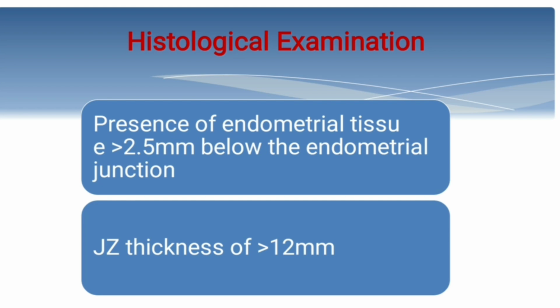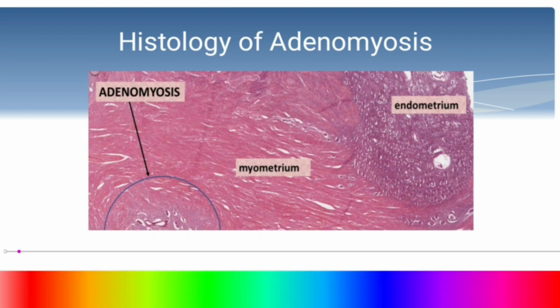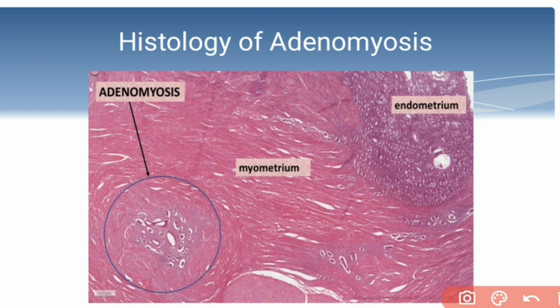Now the histological examination. There is presence of endometrial tissue more than 2.5 millimeter below the endometrial junction. It is the diagnostic criteria in the histopathological slide. Junctional zone thickness is more than 12 millimeter. From the figure we see that it is a histological slide made after operation, and the endometrial layer contains normal endometrial stroma and gland.